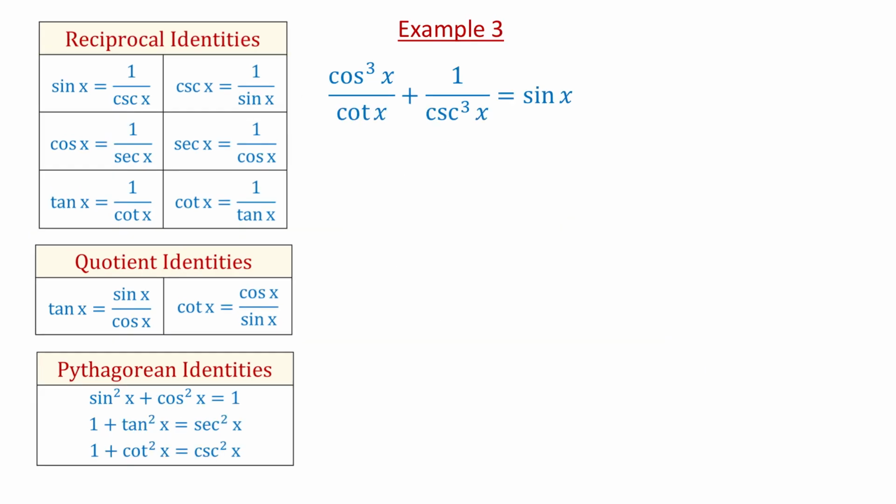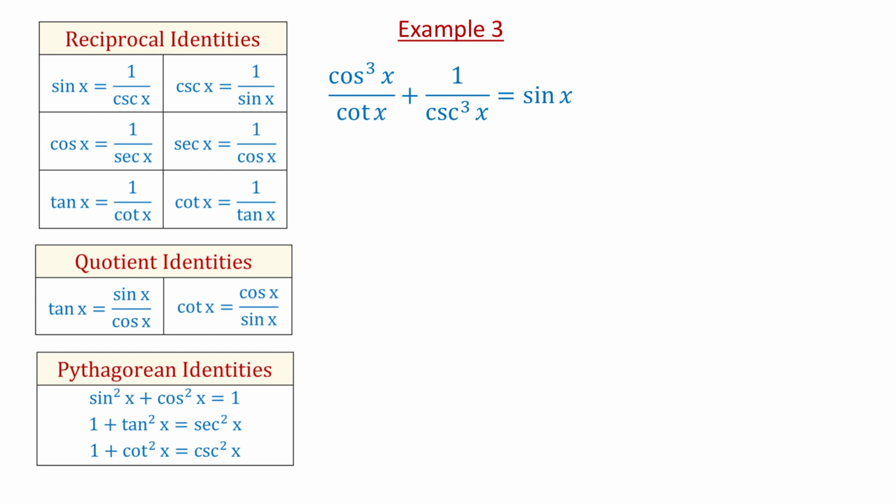Now, in the last example, we have the identity cosine cubed of x over cotangent of x plus 1 over cosecant cubed of x equals sine of x. The right side is just sine of x, so we will work on simplifying the left side.